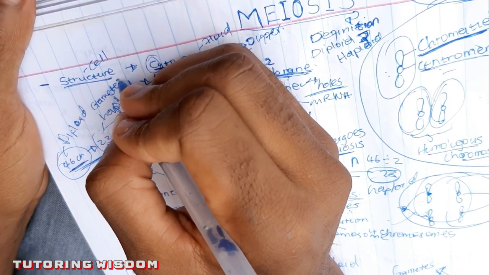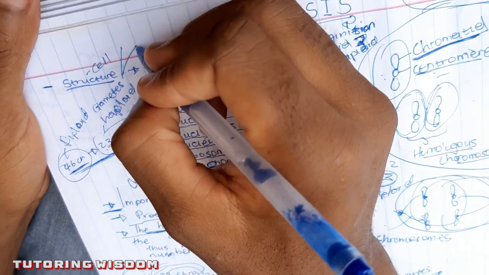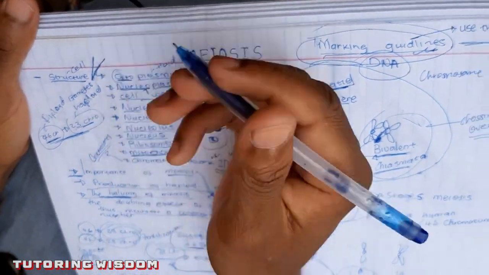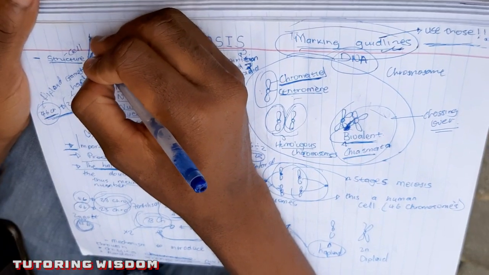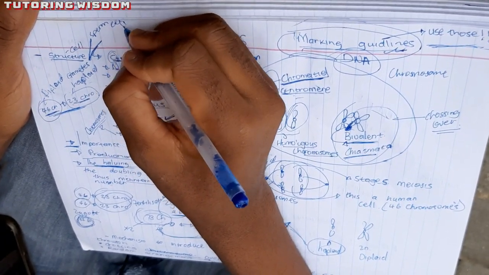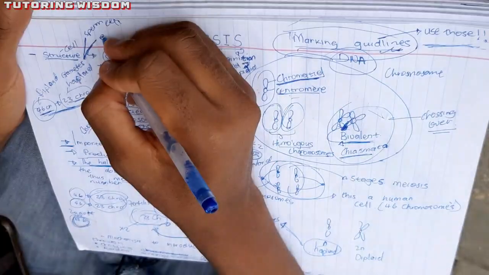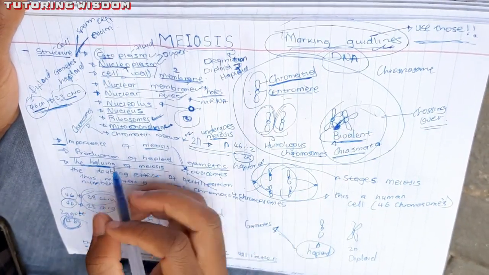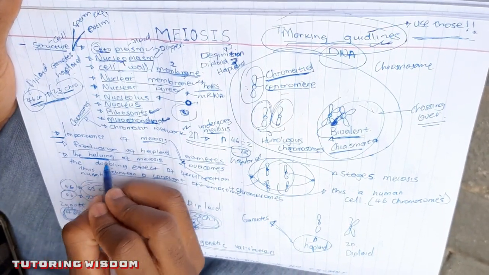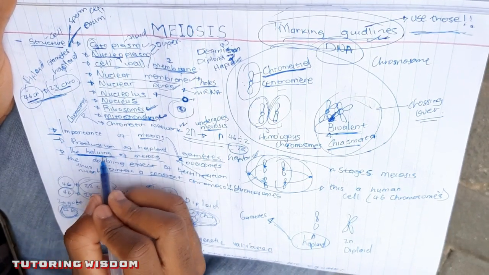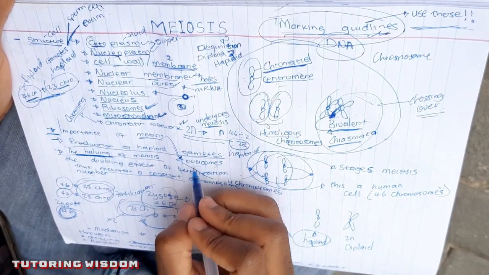We spoke about gametes when we were dealing with human reproduction. We said gametes are your sperm cell and ovule. Refrain from using egg cell.